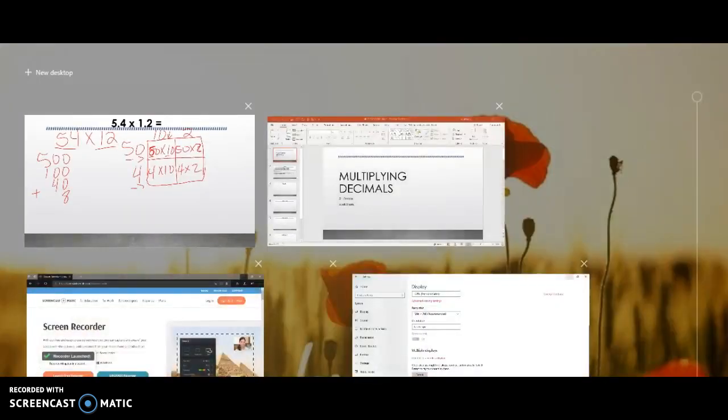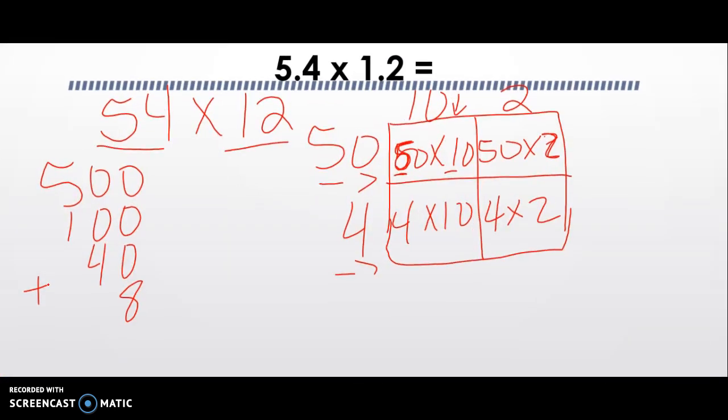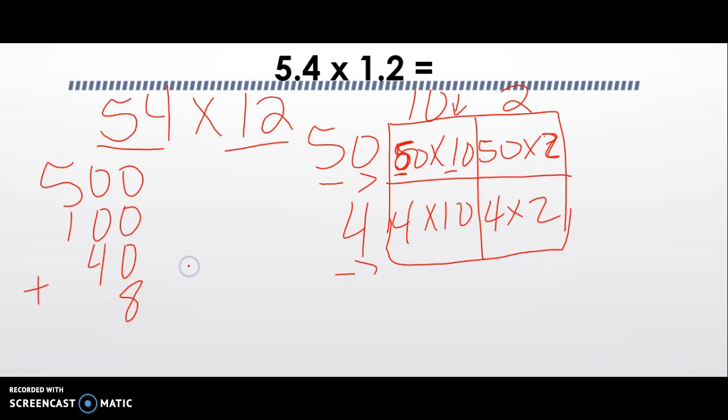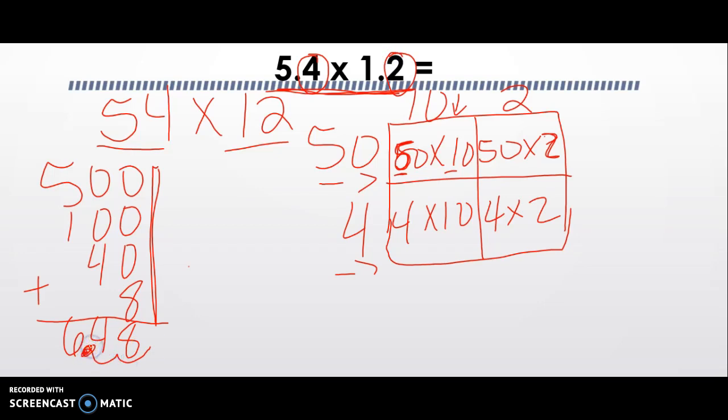Remember to keep everything lined up on your problem. If you have to draw your line, draw a line. Okay, so I have 648. Now I need to go back to the original problem. I have one digit in that first number, one digit in the second number, so 2 in all. So 1, 2, 6.48.